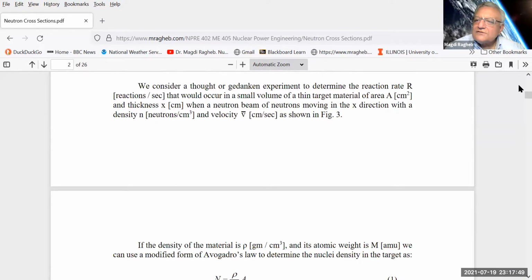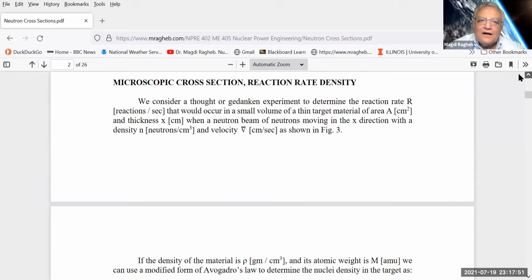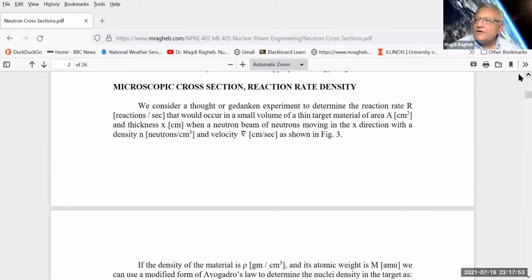Well, we're not just interested in looking at cross sections. We are trying to calculate reaction rates, and we are interested in reaction rate densities, meaning a reaction rate per unit volume. In that case, we need this so that we can calculate, say, fission rates.